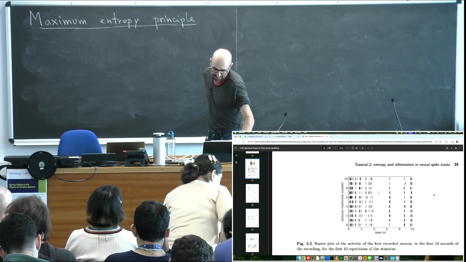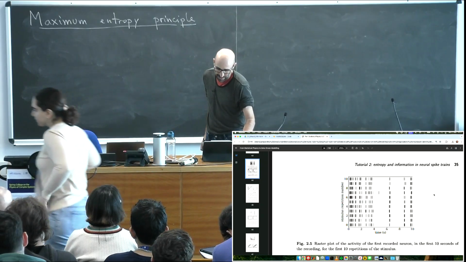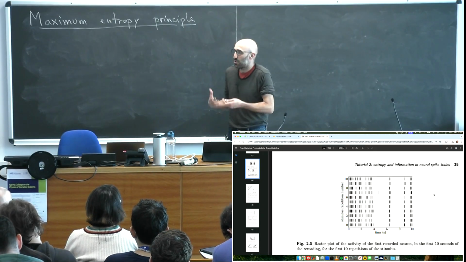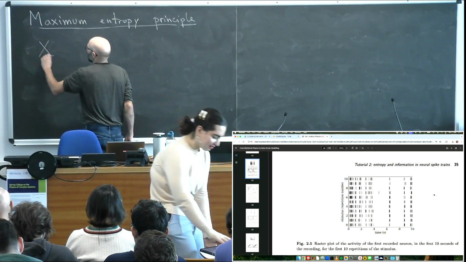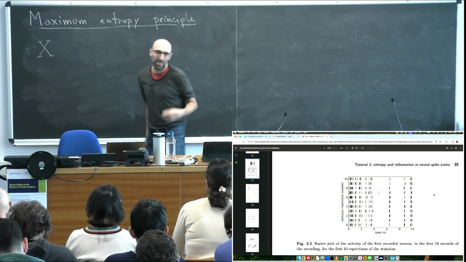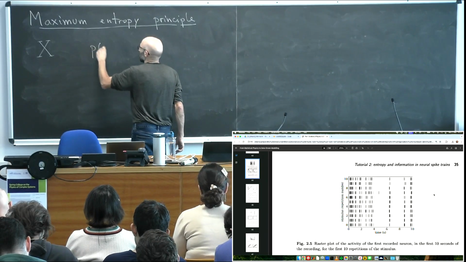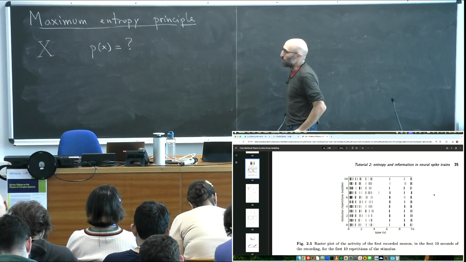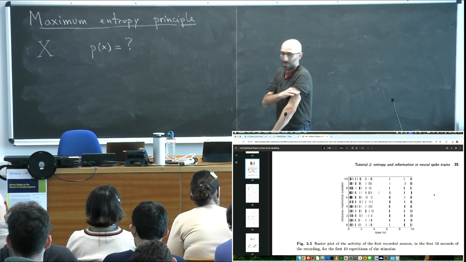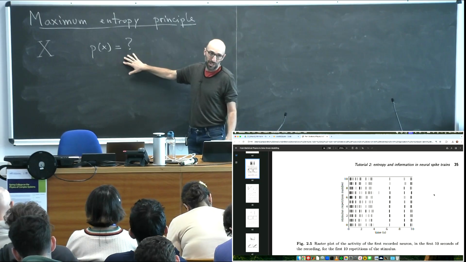So the idea is very simple. You have some partial information about the system. You have a random variable x, and you would like to estimate the probability distribution of x that you don't know. Up to this point, I was assuming that you know the probability distribution. Now I'm assuming that you don't know it, but you have some partial information.